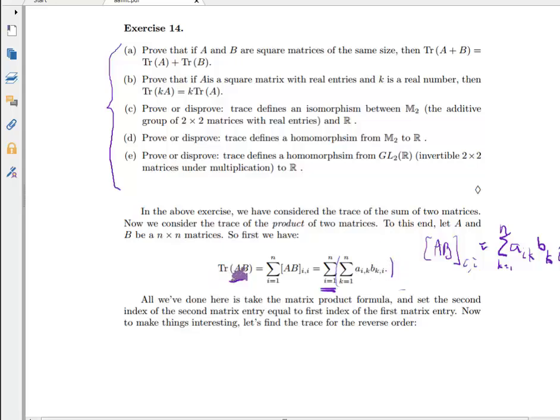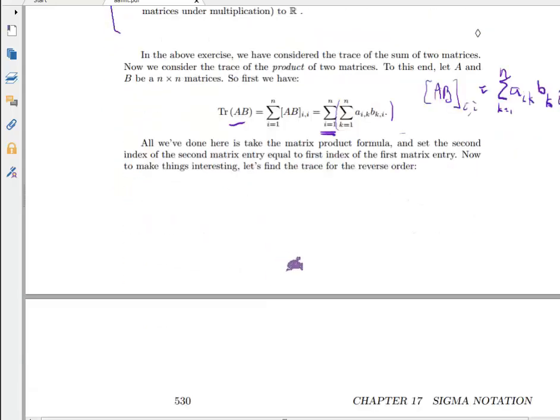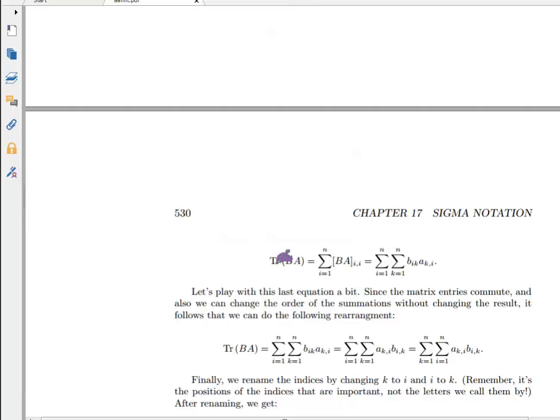Now just for jollies, let's consider the trace of AB and the trace of BA. And you'll find that you in fact get the same thing. You get something like this. Now, we've done exchange of summations before, and in this case, because the limits don't depend on the indices, we can simply exchange the summations.